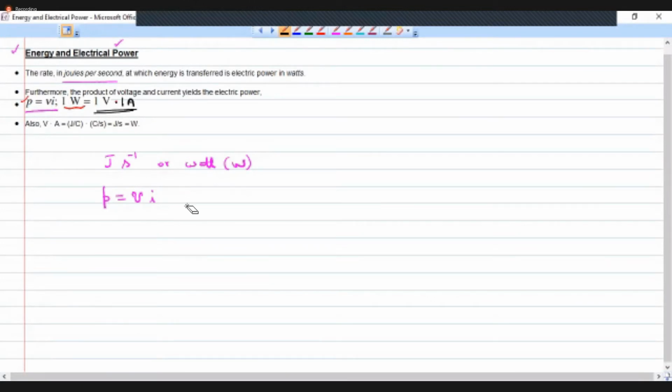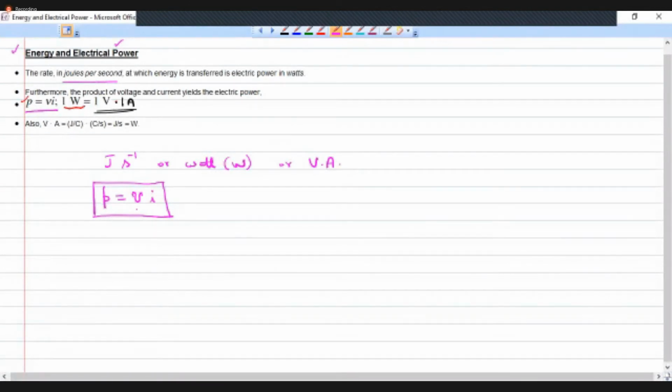So we can have another unit, which is equal to volt into ampere, right? So when we come to electrical circuits, we can express the power as the product of voltage into current, since P is equal to V into I. Instantaneous power is the product of the voltage and the current.